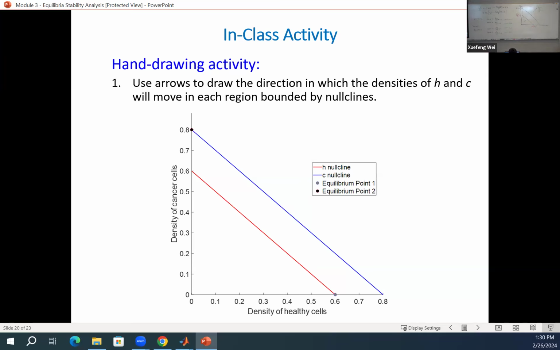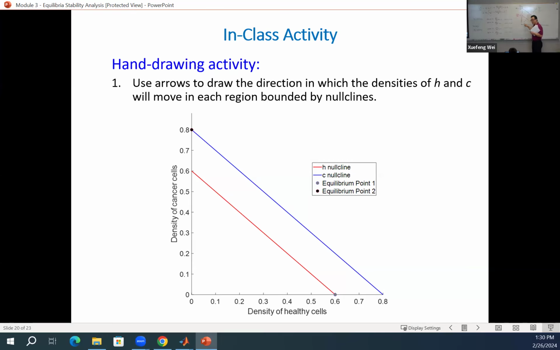Think about how the healthy cells and cancer cells proliferate. They're competing against each other. It's not like they can both proliferate, because they're competing for the space. So when the density is too high for both of them, they both decrease because the space is limited.